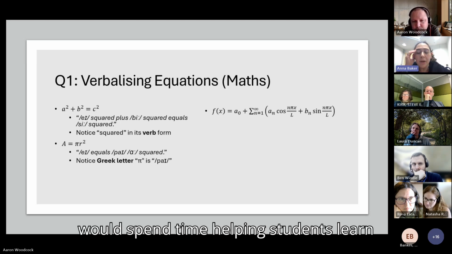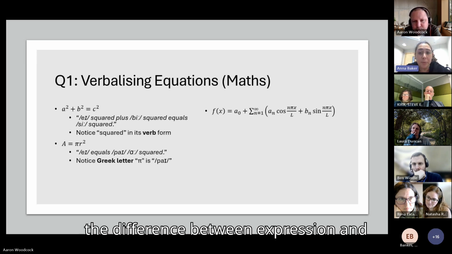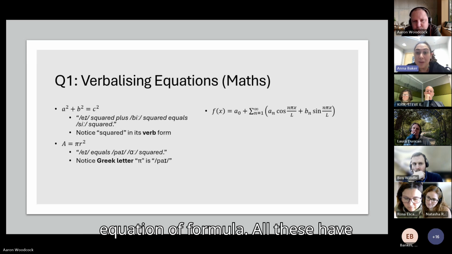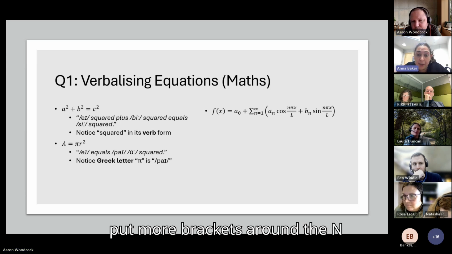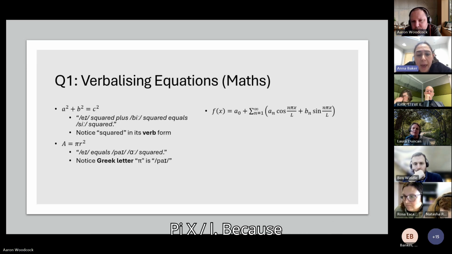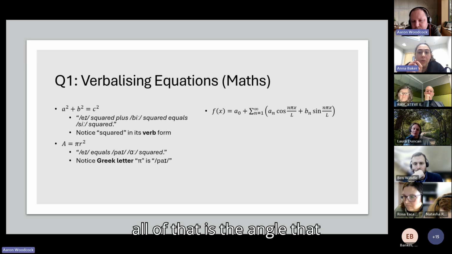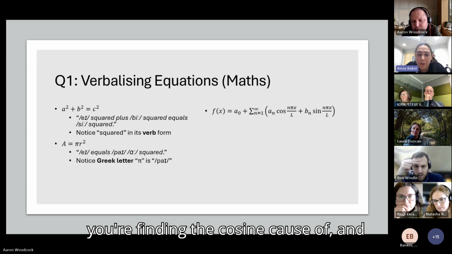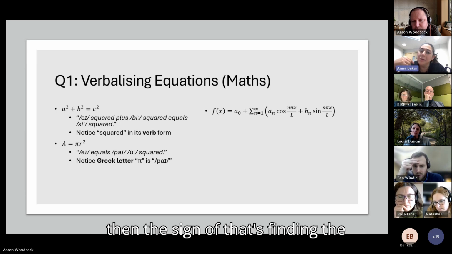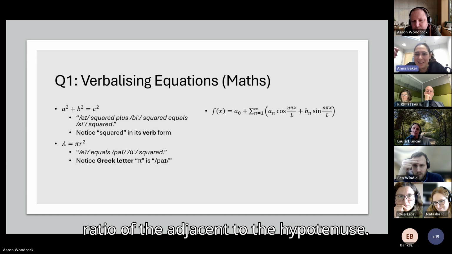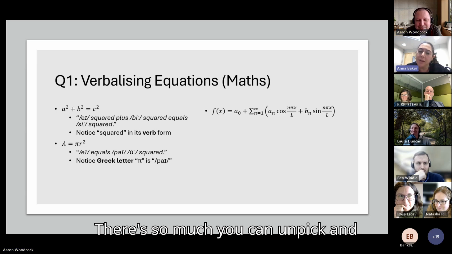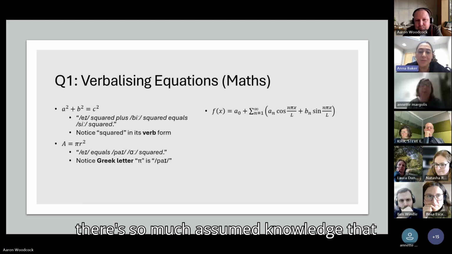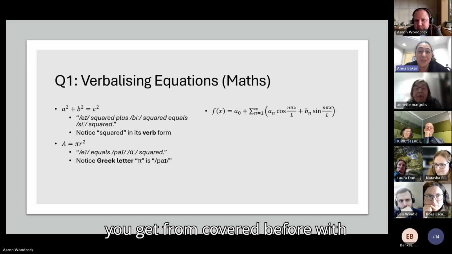And I would spend time helping students learn the difference between an expression, an equation, a formula. All these have different nuances. And then you could put more brackets around the n pi x over L, because all of that is the angle that you're finding the cosine, cos of, and then the sine of. That's finding the ratio of the adjacent to the hypotenuse. There's so much you can unpick, and there's so much assumed knowledge that you've hopefully covered before with students.